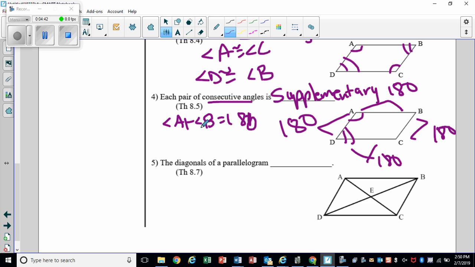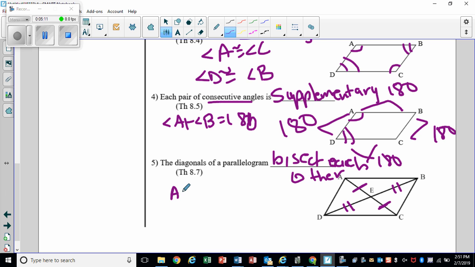All right, the last one is the diagonals of a parallelogram bisect each other. Okay, this is bisect each other. What it means is this segment, AE, is congruent to EC, and DE is congruent to BE.